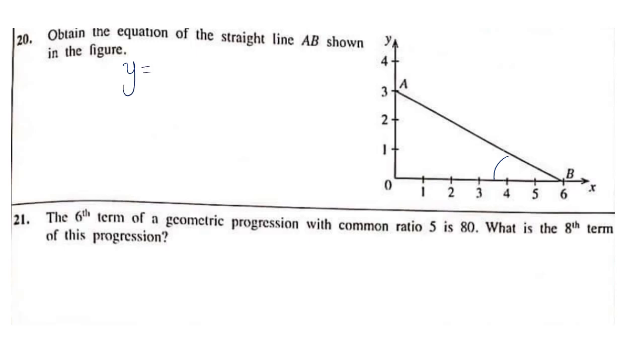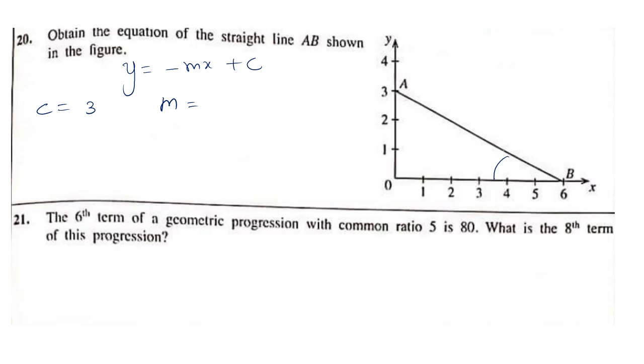Y is equal to minus mx plus c. So here you can see c is equal to 3 because that is the intercept, right? That means the function intersects the y-axis. Therefore, we have to find m, right?